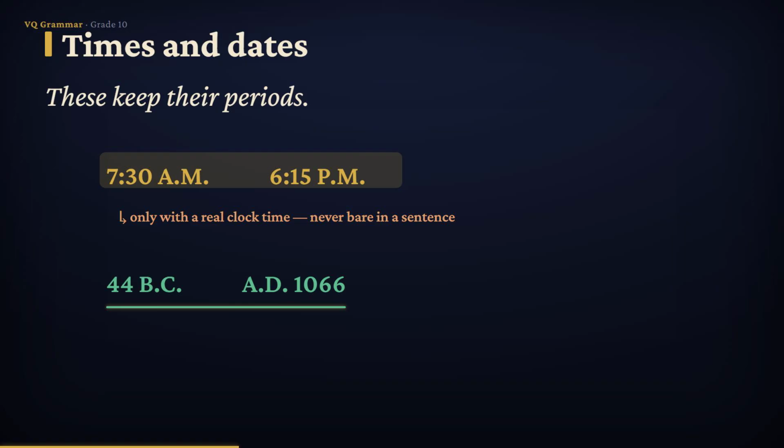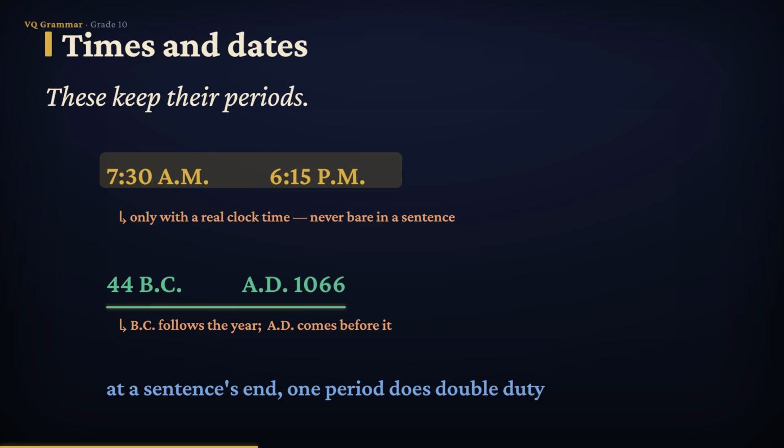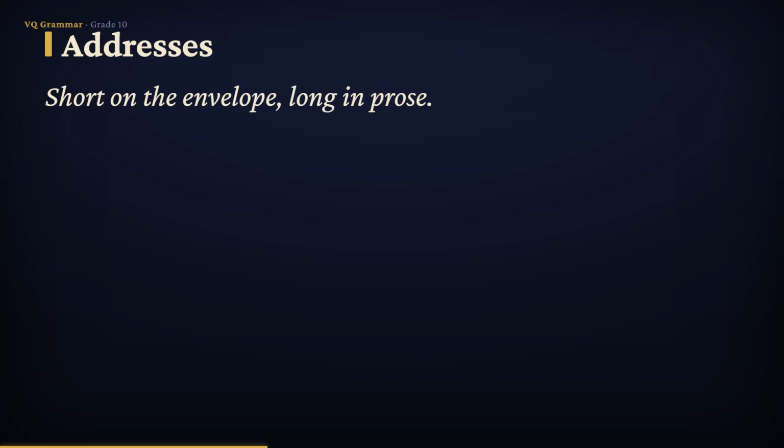And notice the order there because it surprises people. BC follows the year, but AD traditionally comes before it. One last piece of housekeeping. If an abbreviation lands at the end of a sentence, its period does double duty. You write, "We ate at 6 p.m." 1 period, not 2.